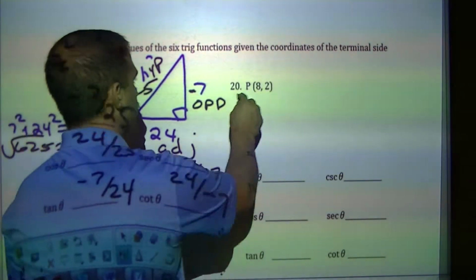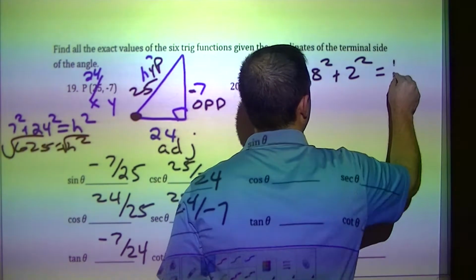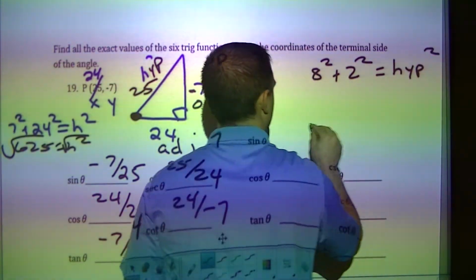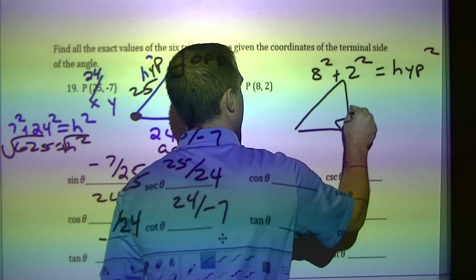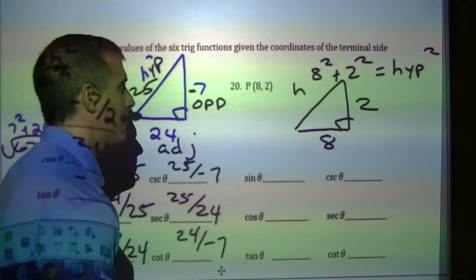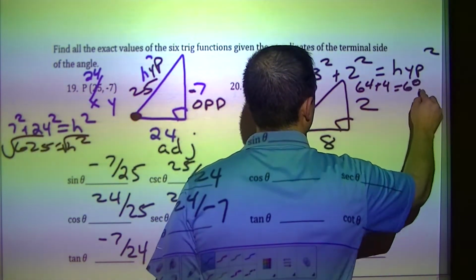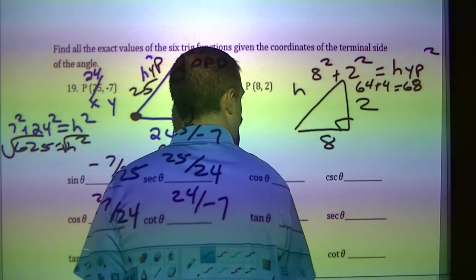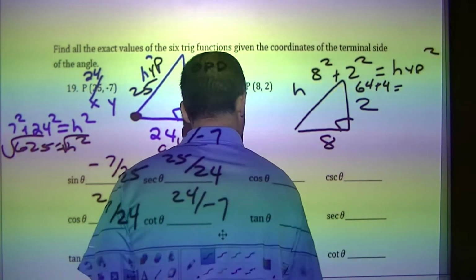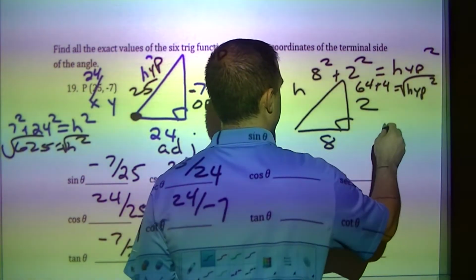On number 20, 8 squared plus 2 squared equals my hypotenuse squared, because this is going to be 8, 2, and that's going to be my hypotenuse. So that's going to be 64 plus 4, which is 68. Whoops, I didn't do that right. Hold on.